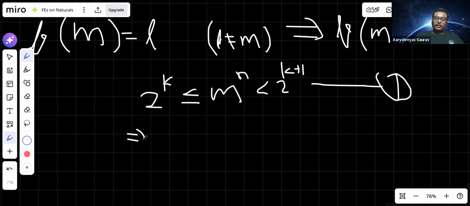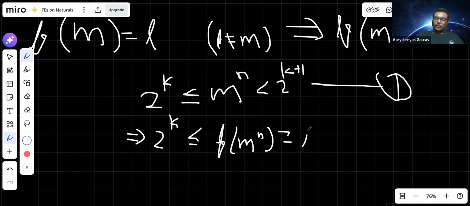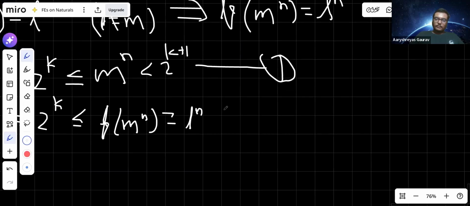Now, because of that, I can just write this, and L to the power n, 2 to the power k plus 1.